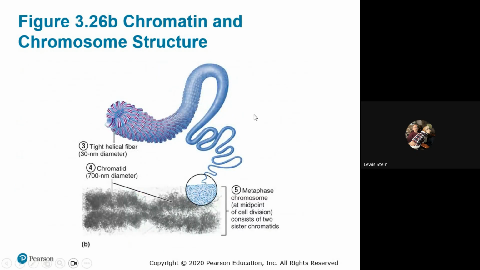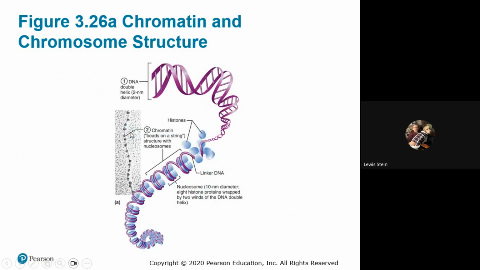So this is what it looks like. When it gets out of that, this is what a chromosome looks like. It has a little thing in the middle where it attaches to the spindle. We're going to get to that soon, the centromere. But really, to me, these histone proteins are the ones that allow it to remain stretched out.